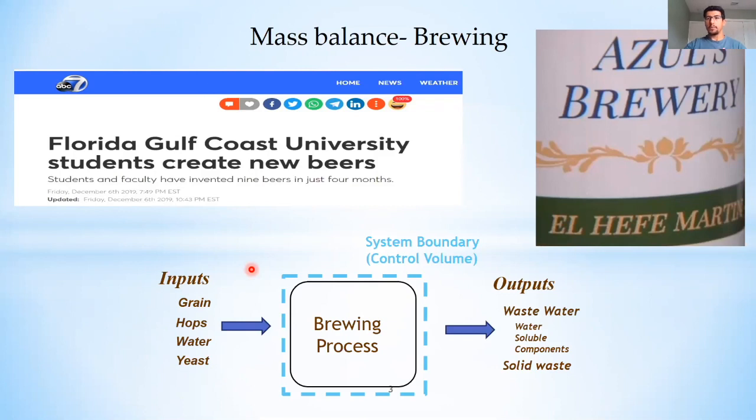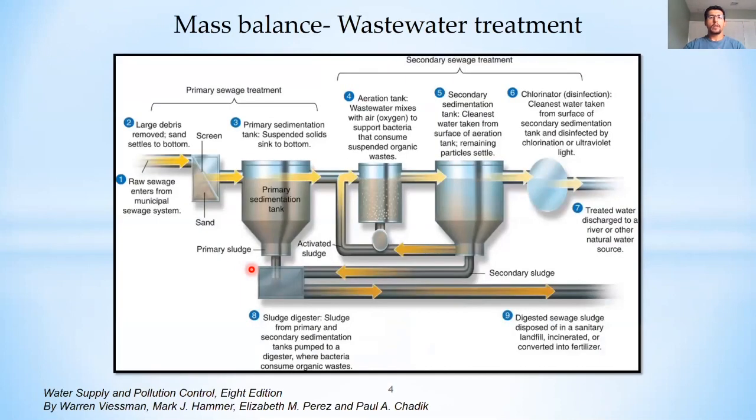We have the inputs in this brewing process and we have some outputs. And then we can have the system or control volume around this whole process, or sometimes around a specific process too.